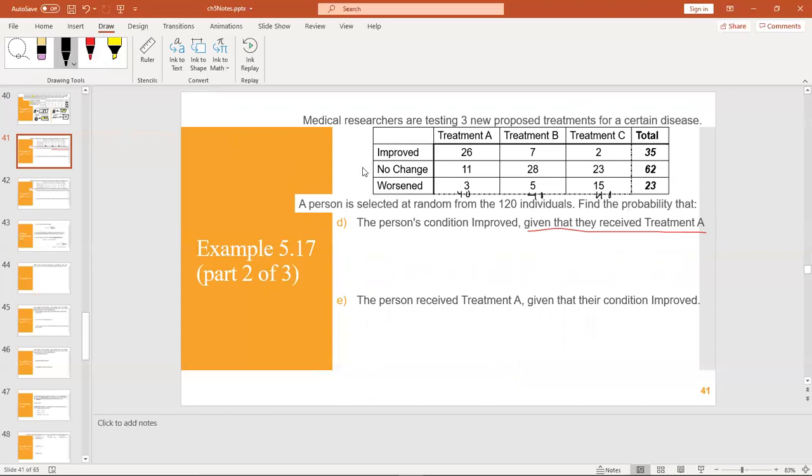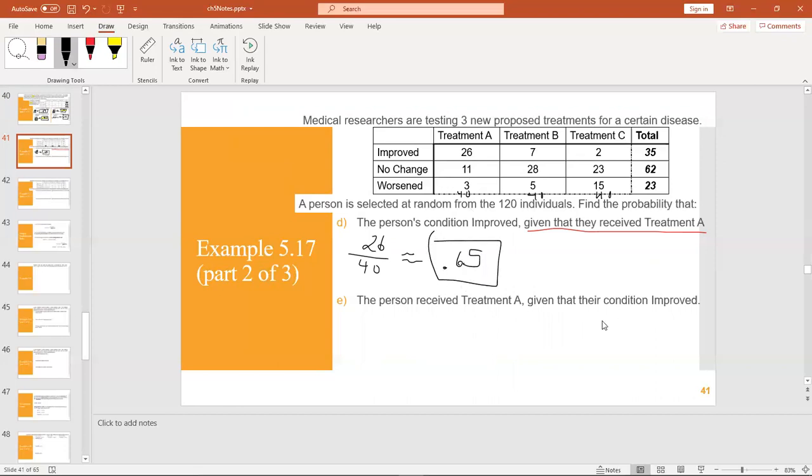Each treatment has a total of 40. So improvement is 26 of those 40. Let's find out what 26 divided by 40 gives us. That is 0.65, so there's a 65% chance the patient got better if they got treatment A.